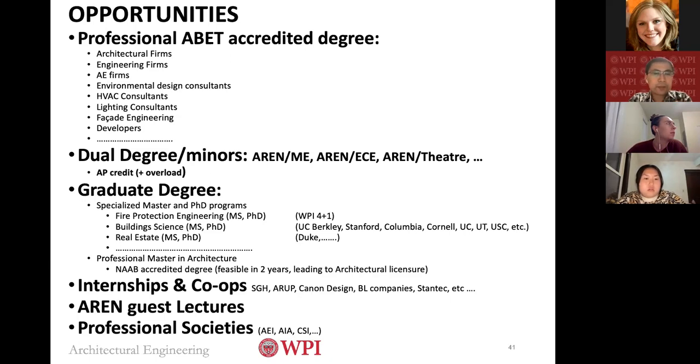So there are multiple choices because architectural engineering includes multidisciplinary studies. So students also apply for or do minors, including mechanical and sustainability. I think Hannah and Erin here are both doing a minor in sustainability engineering.